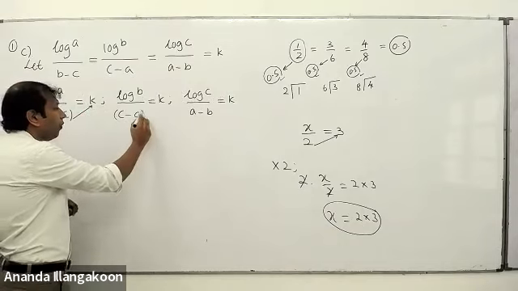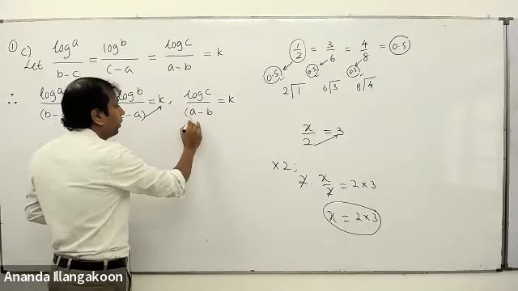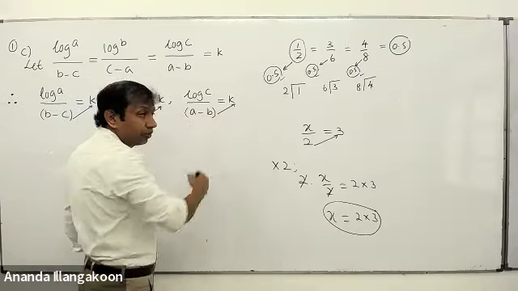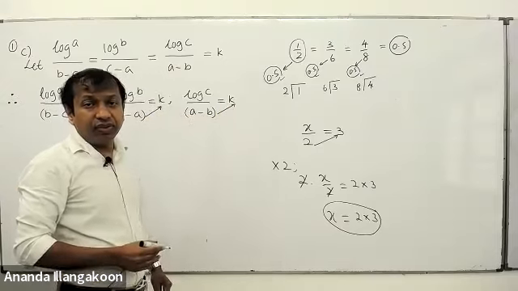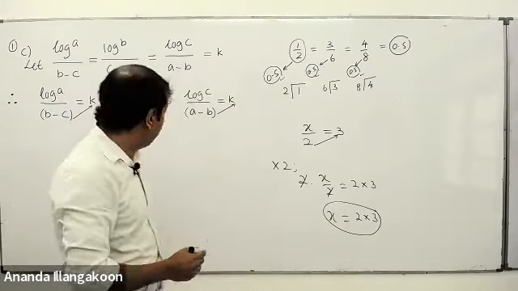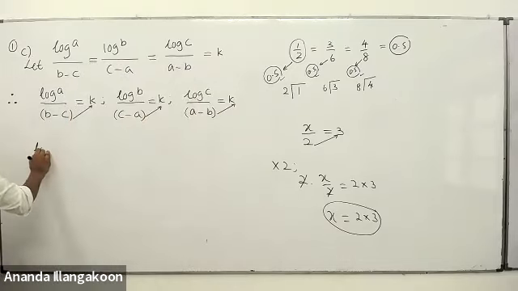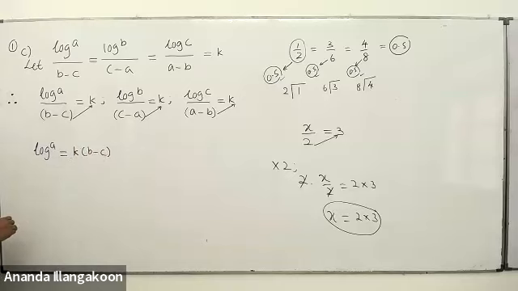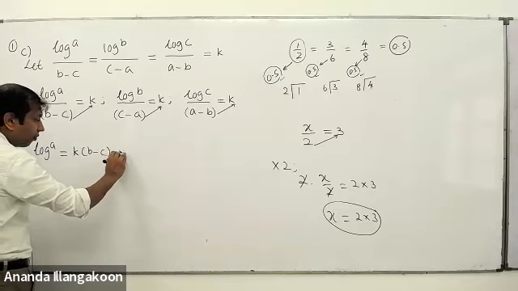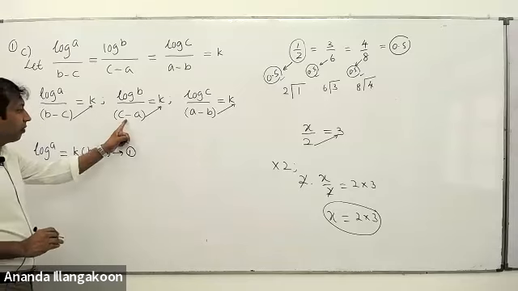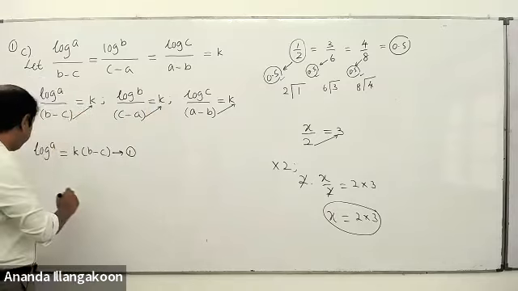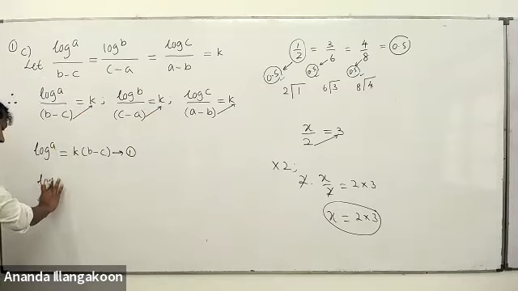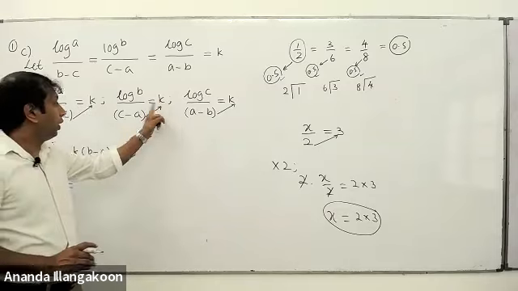By this c minus a, I can use cross multiplication to write. By this a minus b, I can use cross multiplication to write. Then we can take three relations. Then we get log a equals k times b minus c. I'll take this as equation number 1. By multiplying this, what do you get? Log b equals k times c minus a.